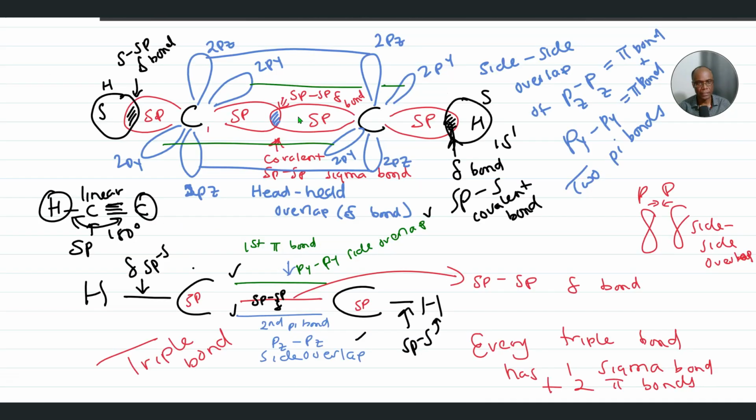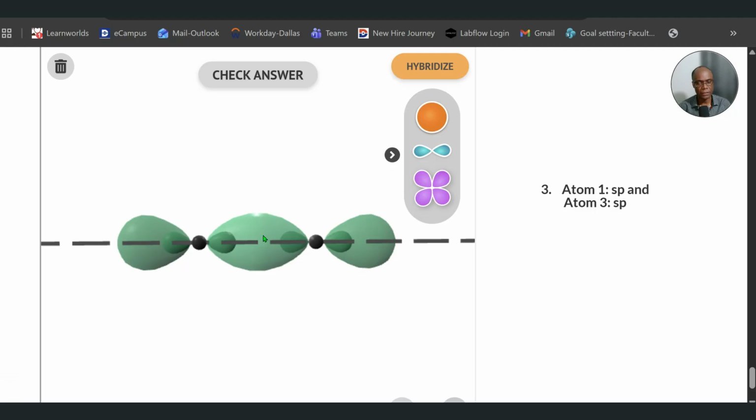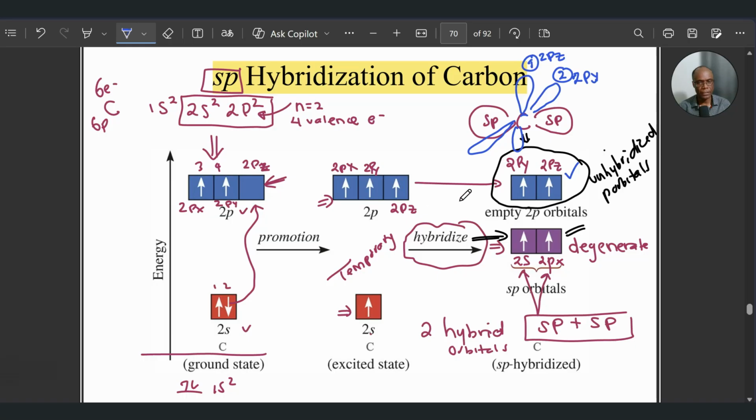What you're looking at here in red, the sp-sp overlap, gives you a molecular orbital combination, one big balloon that you can see in there, the sp-sp sigma, because it's head-head overlap. However, you have 2 unhybridized p orbitals per carbon.